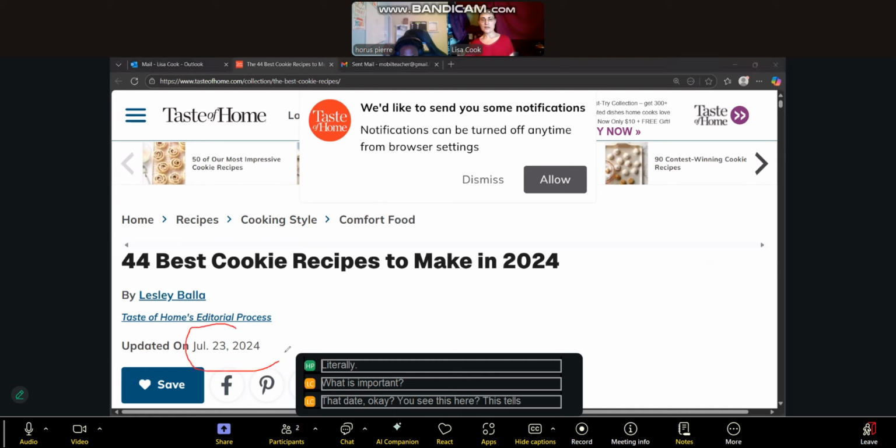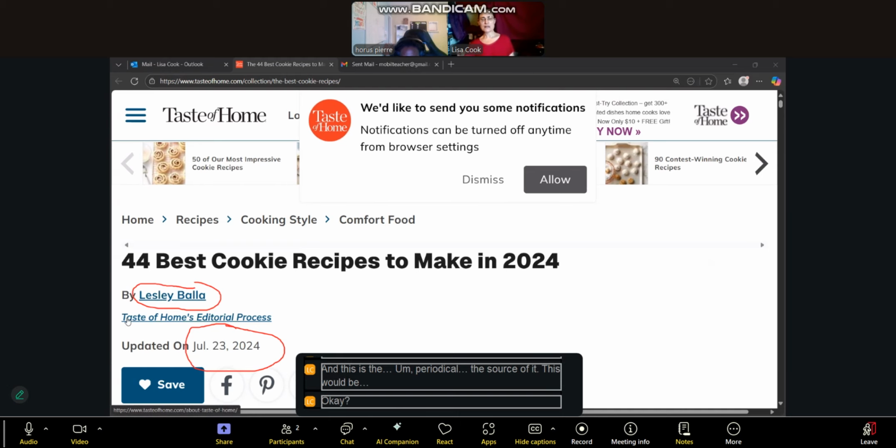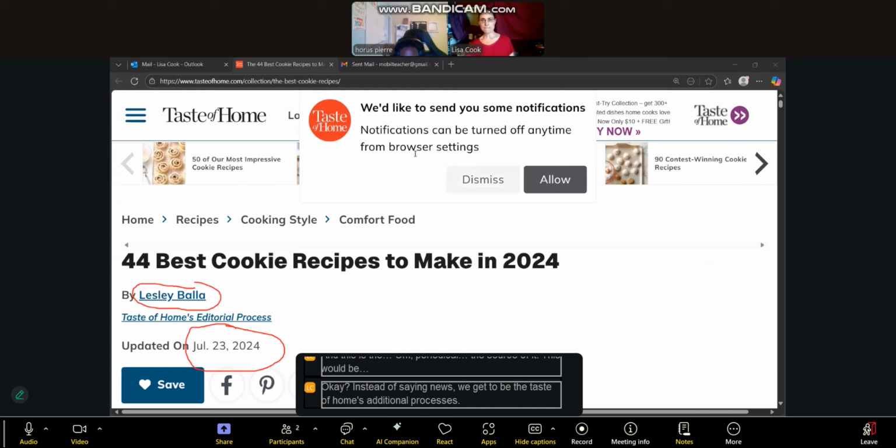This tells you when it was written down. Here is the author. And this is the periodical, the source of it. Instead of saying Newsweek, it should be Taste of Home's additional processes. You see that? So that information is going to be important, isn't it?